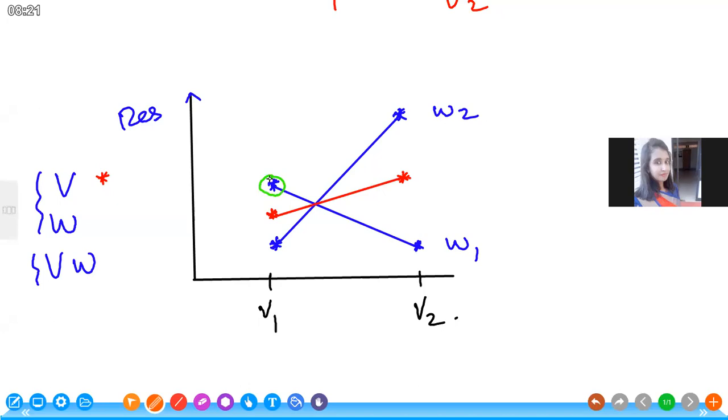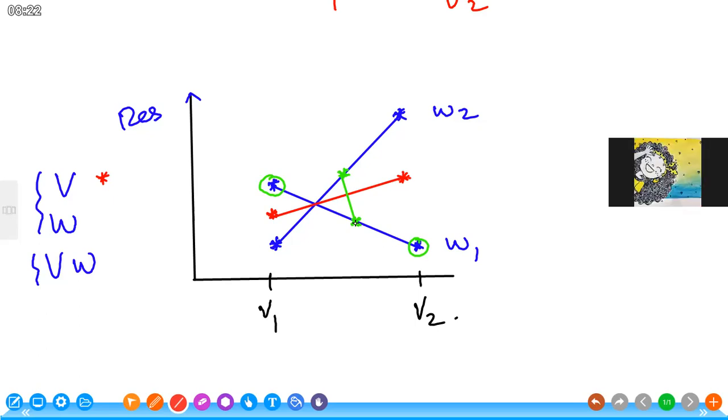This is the first value. Let's say W1, this is the second value. What is the average of that? You will have the value somewhere there. What is the average value of W2? So if you draw the line, definitely it's not parallel. Is it parallel to x-axis? No, sir.